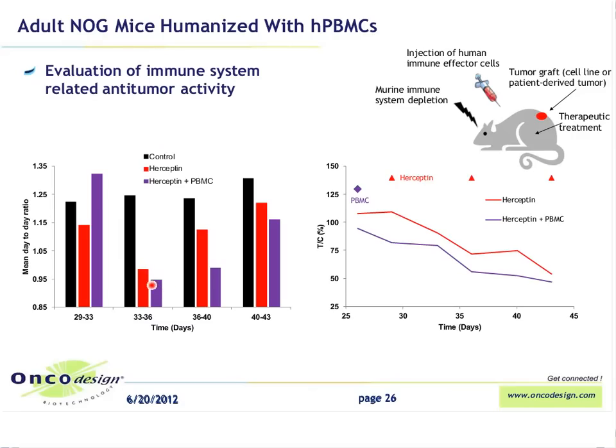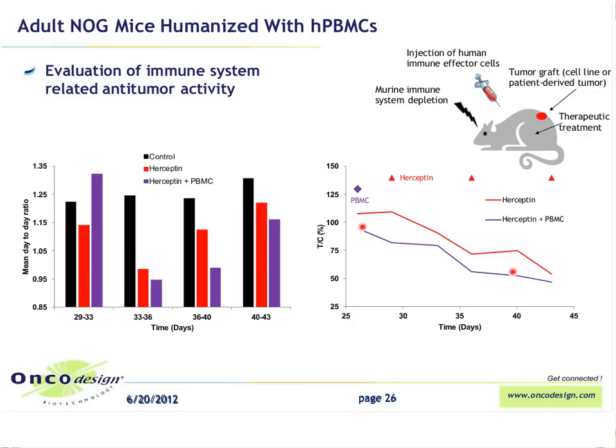And in the follow-up, we observed a slight decrease of tumor growth as compared to the Herceptin alone group, which is also represented here by the T/C follow-up over the time, starting at 100% the day of humanization, and decreasing until 60% for the Herceptin alone group.